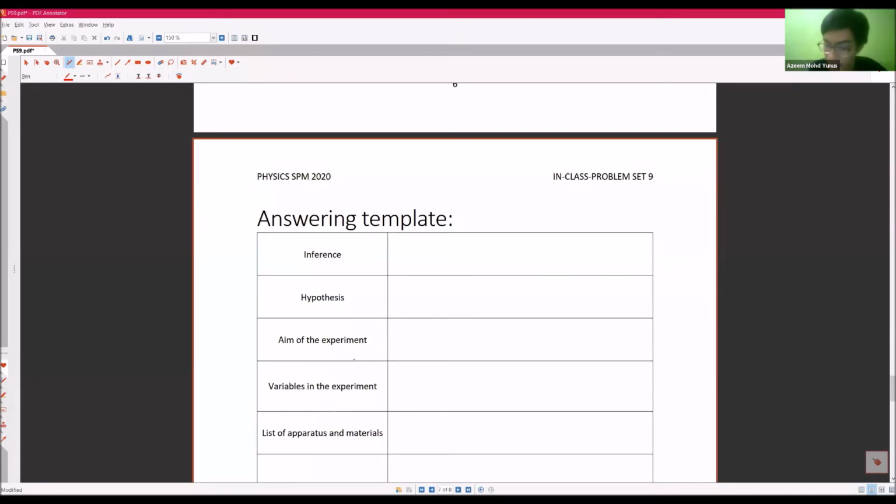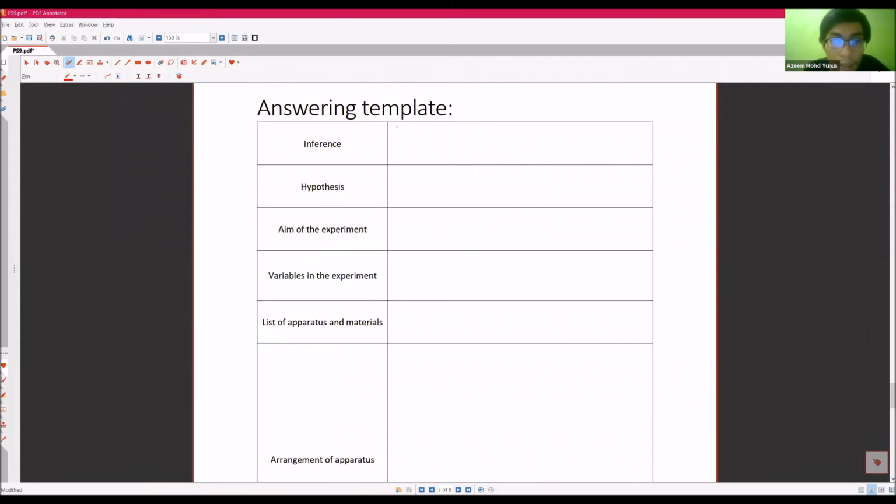Inference: the deflection of the pointer depends on the current, or the magnitude of current.